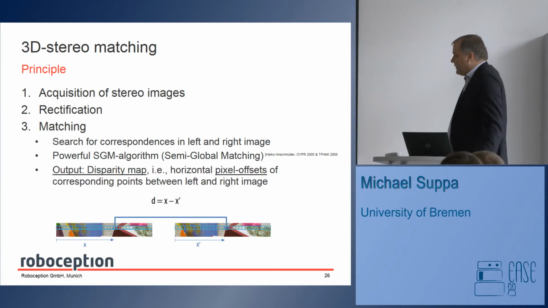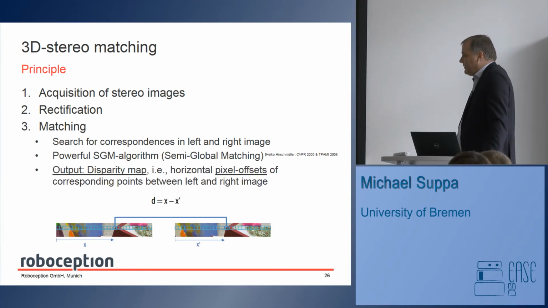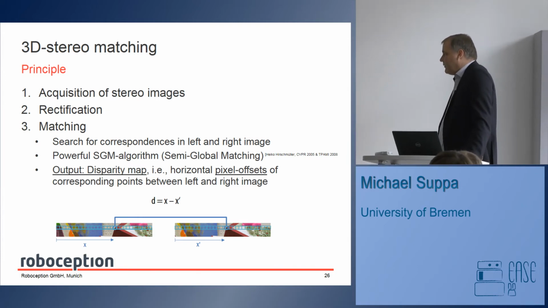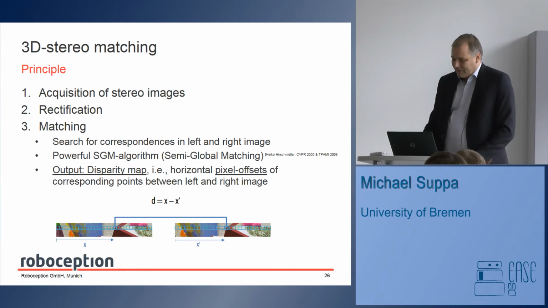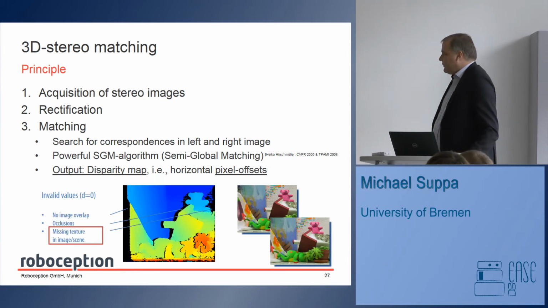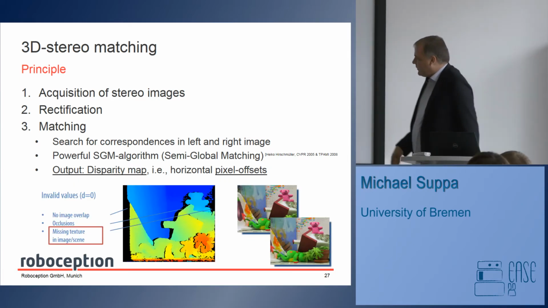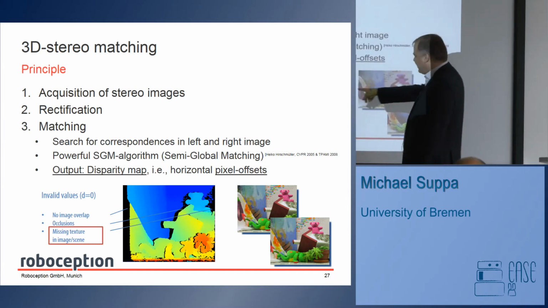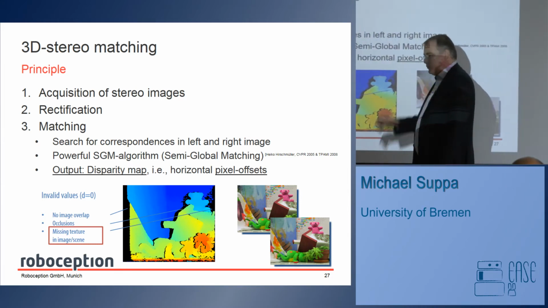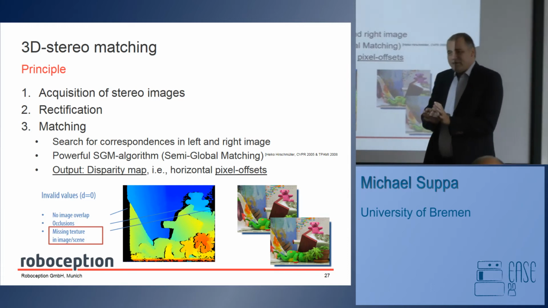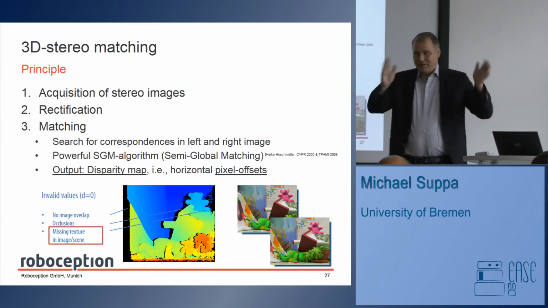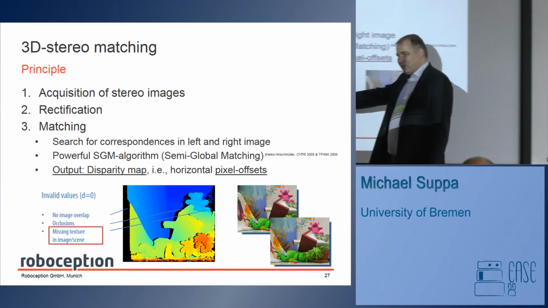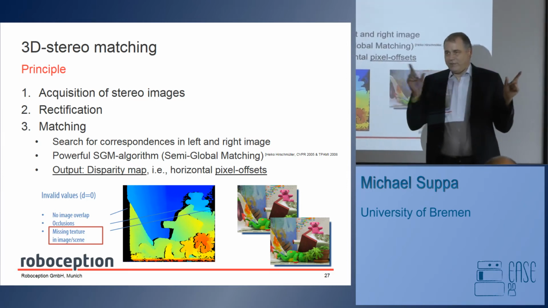The output is a disparity map, with the horizontal pixel offsets of the corresponding points between the left and right image. You also have problems here when there is missing texture in the scene or occlusions. When you put your two cameras further away from each other, of course you have a wider range, but that problem gets worse, because you have different perspectives of both cameras.